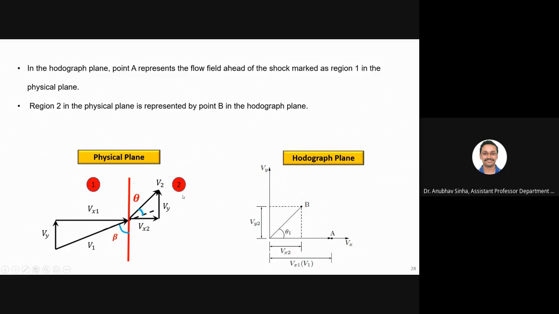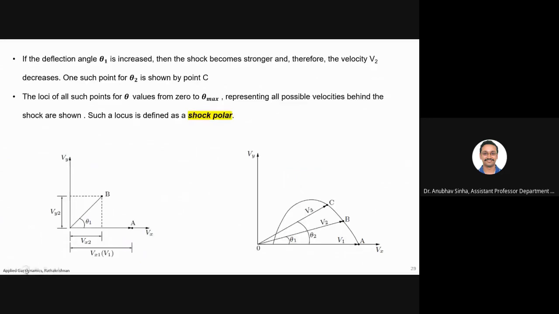Now what is the advantage of this type of representation? What we can do is observe what happens if you change your angle. Let us say I have a deflection angle of theta 1 and the resultant velocity vector comes out at B. Now if I increase that angle theta, it means you are increasing the deflection.